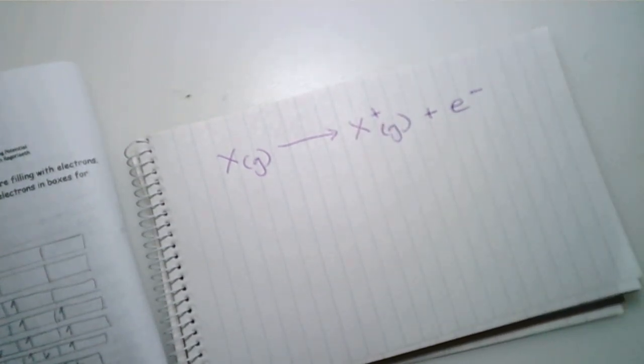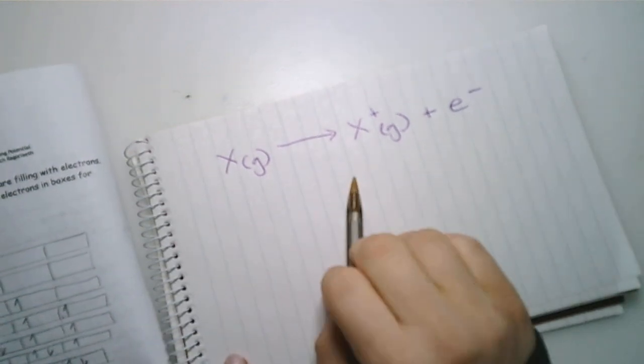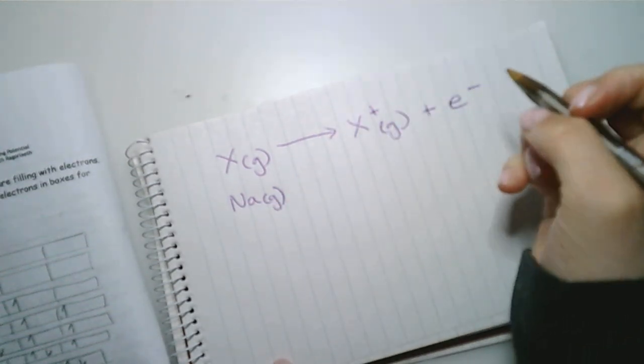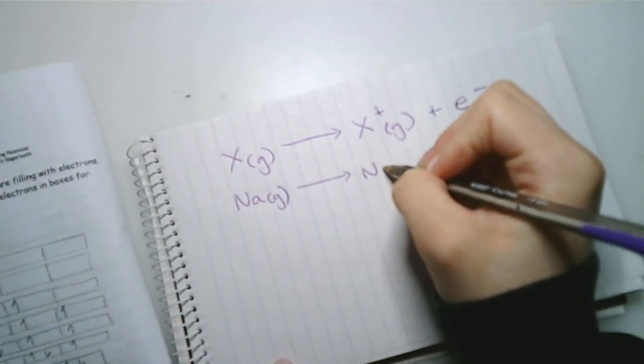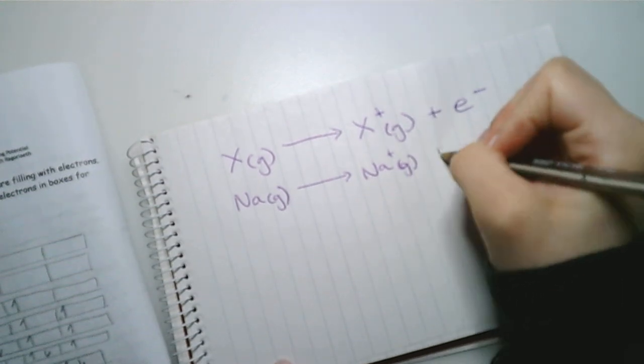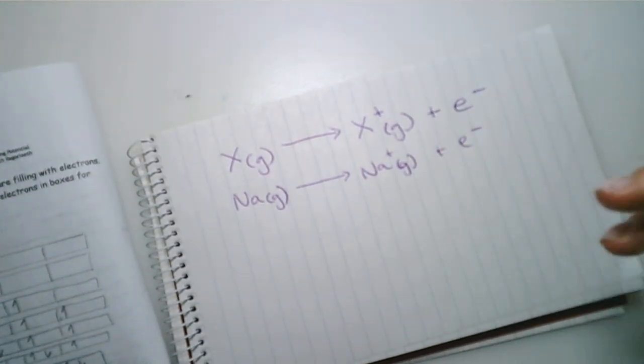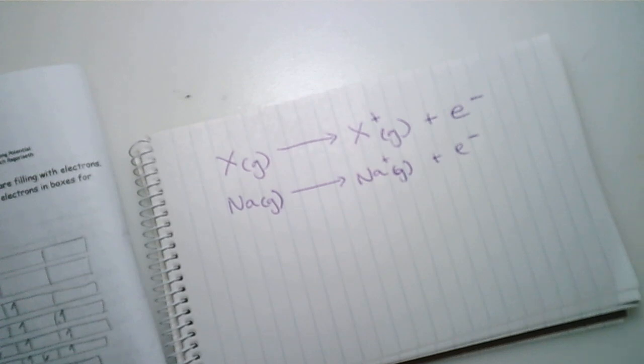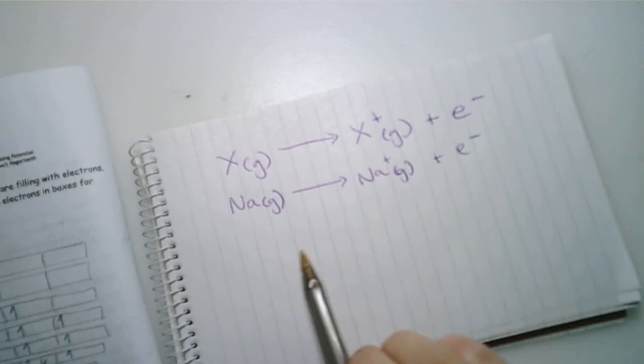If you were to do examples of specific elements, you just replace the X in this equation, so it would be Na, and then it would turn into Na+ gaseous with an electron. Or you could do fluorine, which does usually produce F- ions, but in the case of the first ionization energy, it doesn't really matter where the elements are, you just do the same equation.